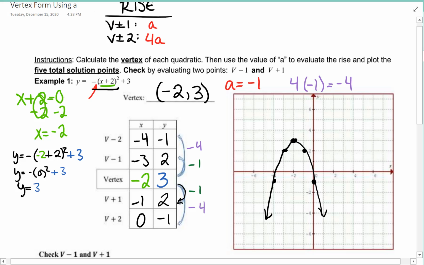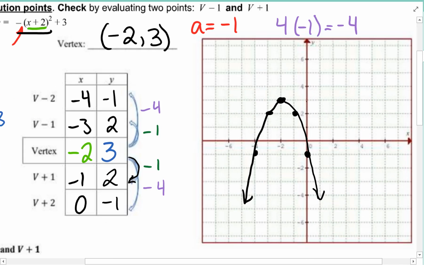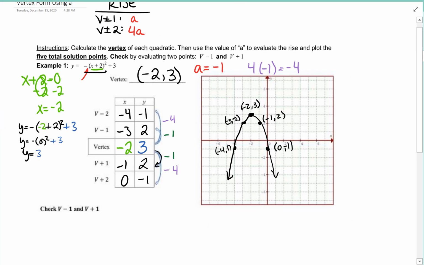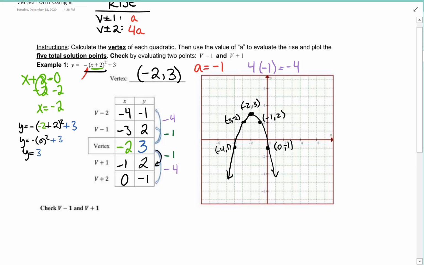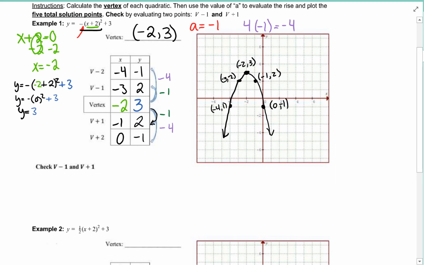Now let's check, is that where our points are? Negative 4, 1 is here. Negative 3, 2. Negative 2, 3. Negative 1, 2. And 0, negative 1. We graphed it correctly using the value of A. We're going to check 2 of our points just to make sure.